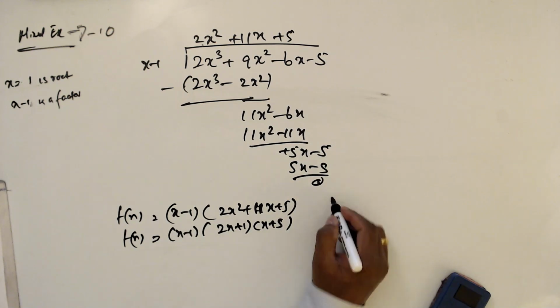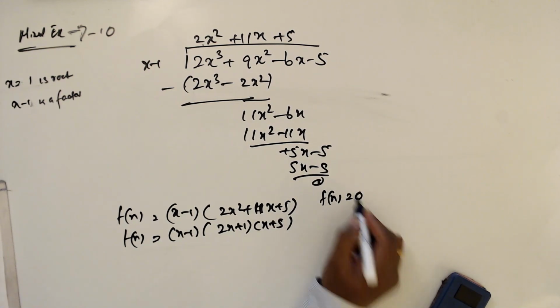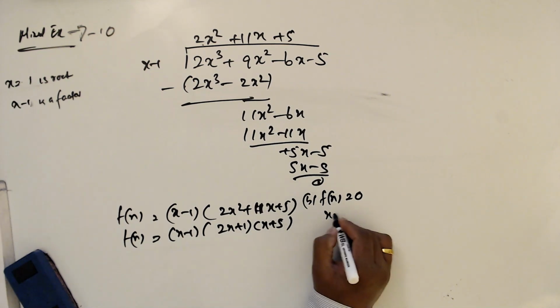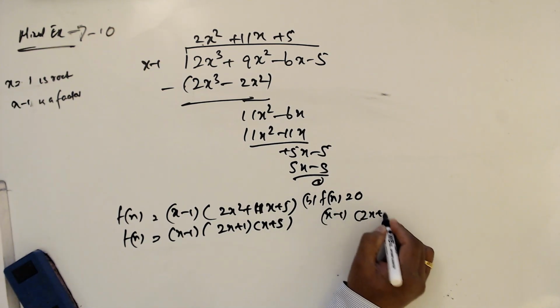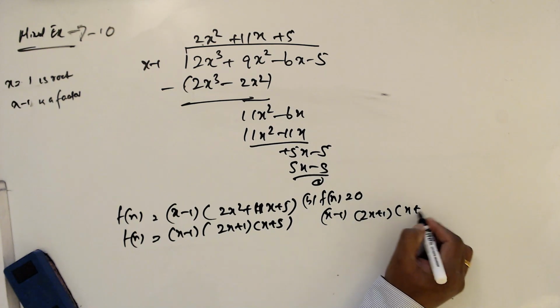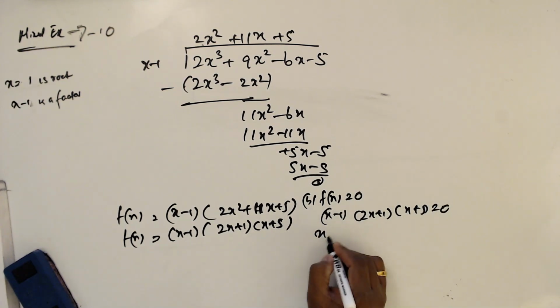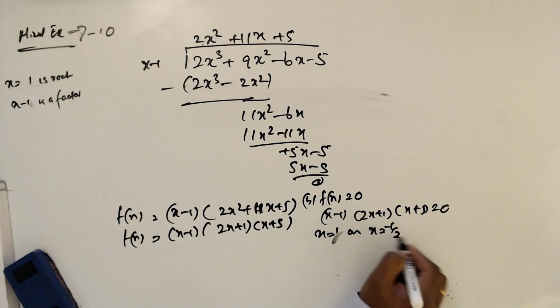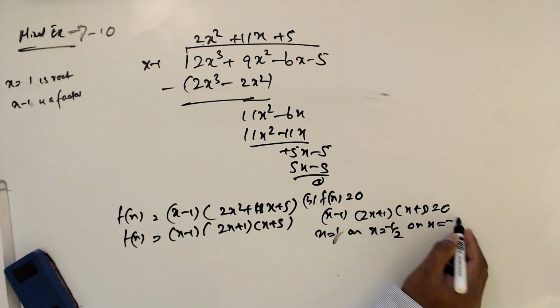Now we want to find f(x) equals 0. Solution part B. So x minus 1, 2x plus 1 and x plus 5 equals 0, x equals 1, or x equals minus half, or x equals minus 5.